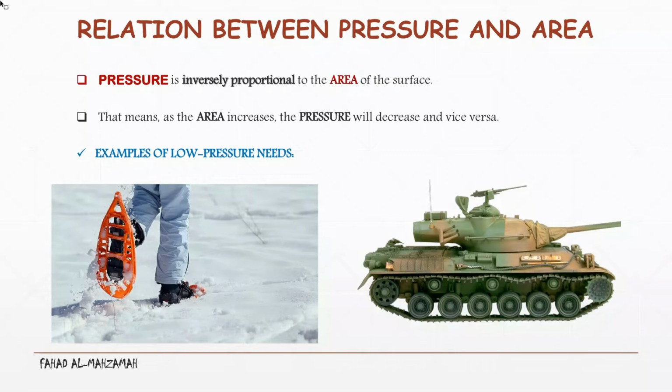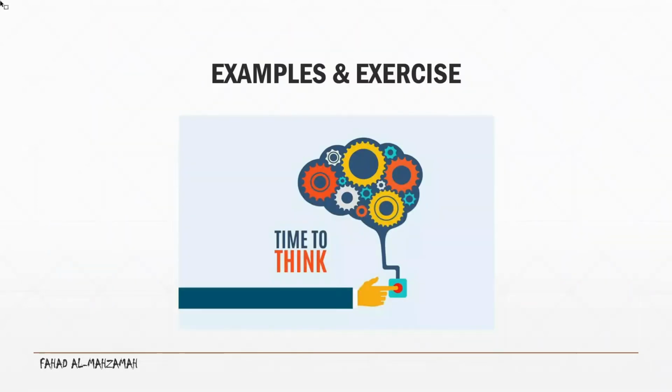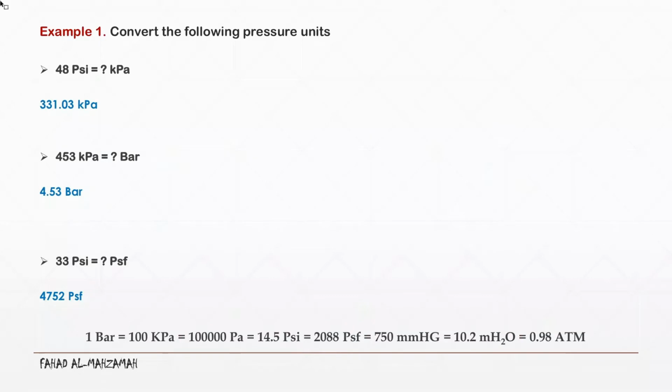Now that's about the relation between pressure and area. Now let's take some examples. The first example, of course, is a unit conversion. It says convert the following pressure units, or express some unit in the following units.